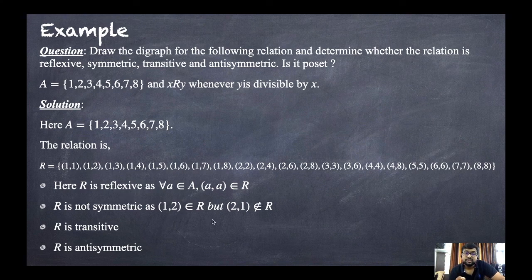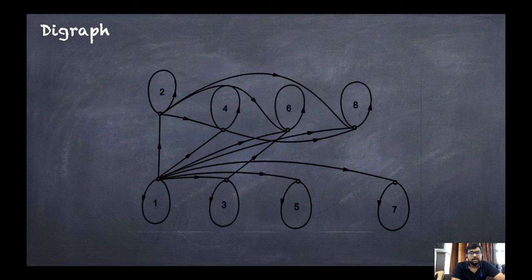Now the last question is to draw the diagram. So we need to draw a diagram for this given relation. So it will be like this. We have total 8 numbers. So 8 numbers are there, and these loops represent the reflexivity. That means all loops will be there. The ordered pairs 1 1, 2 2, 4 4, 6 6 and so on.